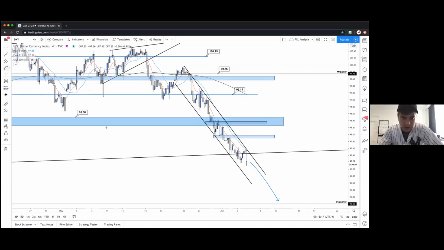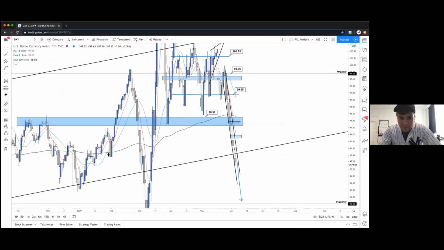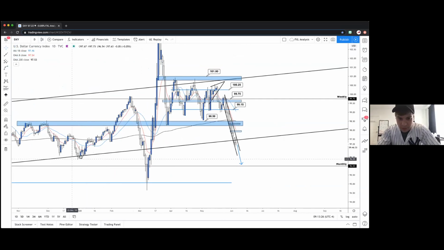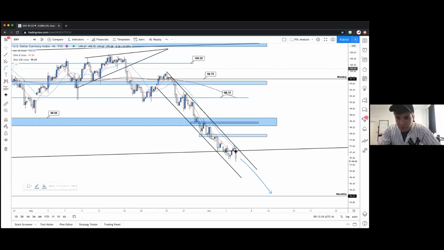However, if we do find that this is a strong support area and it is a confirmed higher low, as we saw on the daily, so we can see here, right? If this is a confirmed higher low around this trend line, we could see a bounce. Then where do we start looking at potential long positions? We want to see a strong break up past these lower time frame 4 hour lower highs.